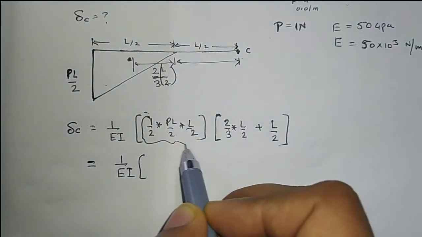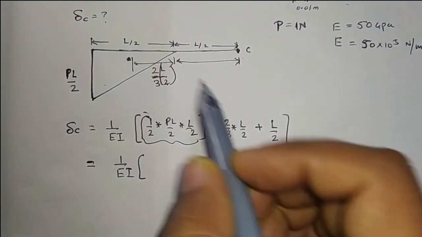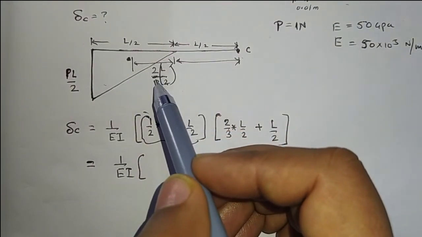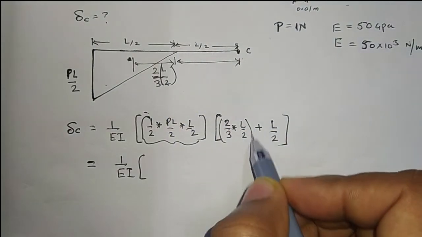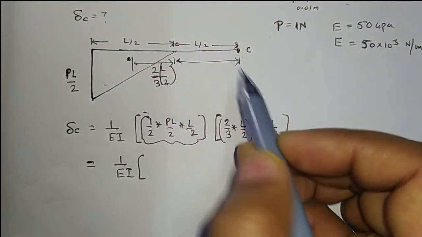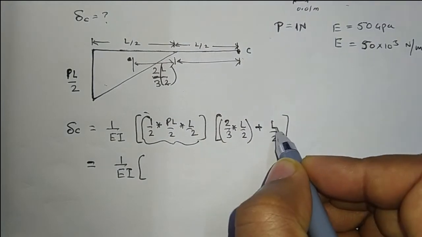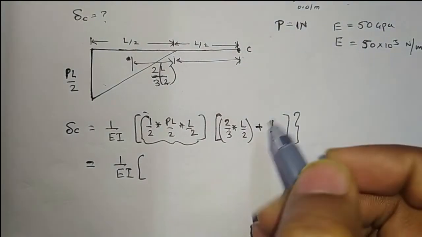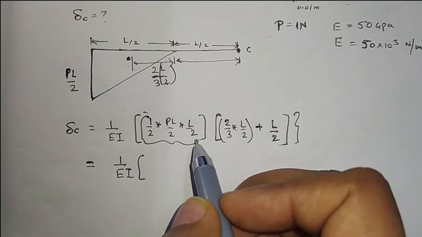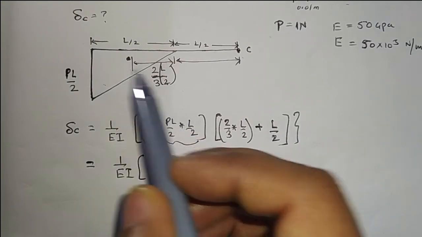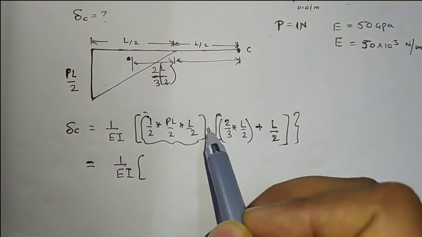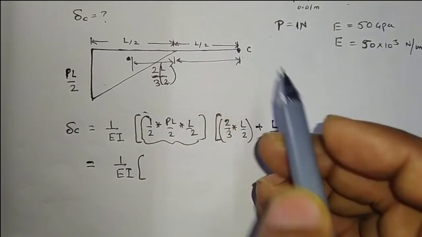So this area is given here. Now the distance 2 by 3 into L by 2, which is given here, plus this distance plus L by 2. So this term is nothing but the area of the bending moment diagram and the moment of this area about point C.